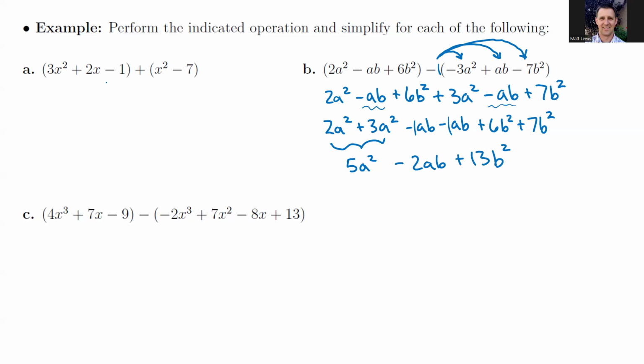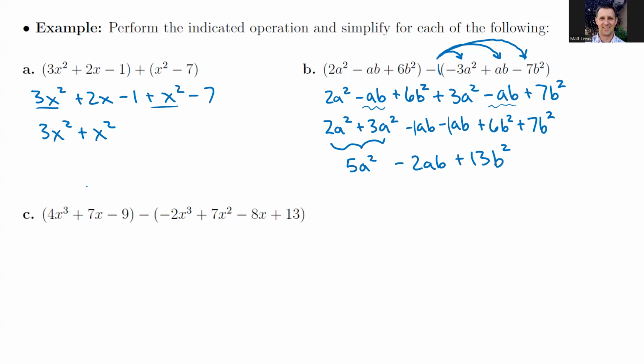All right, so in part A, we have all these parentheses here. We're saying this polynomial plus this polynomial. But since it's just a plus, we don't really have to do anything with these parentheses, unlike the second set of parentheses in part B. So we'll just write it without them. And then of course, 3x squared plus x squared, put those next to each other.